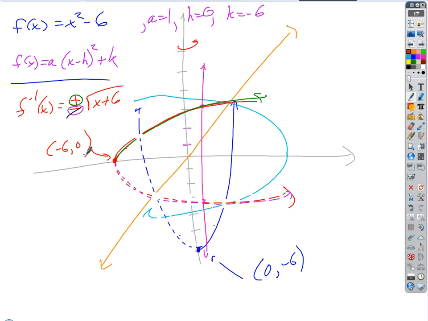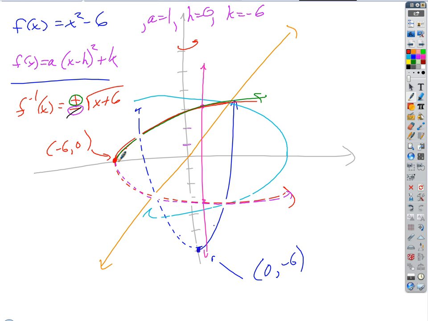Okay, so then what's the domain of the red parabola going to be? What are the x values that are graphed? -6 is important. The x value of that point is -6. Would the x value of -5 be on the red parabola? It would. Would -5.5? Yes. Would -7? No. So what's that domain going to look like then?